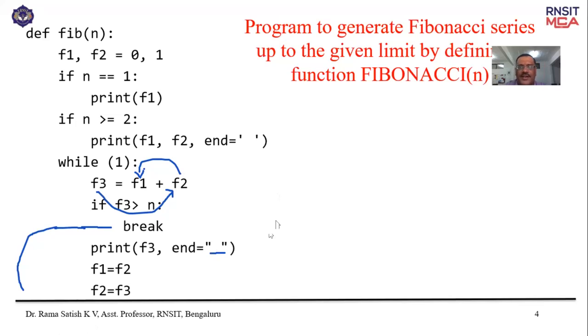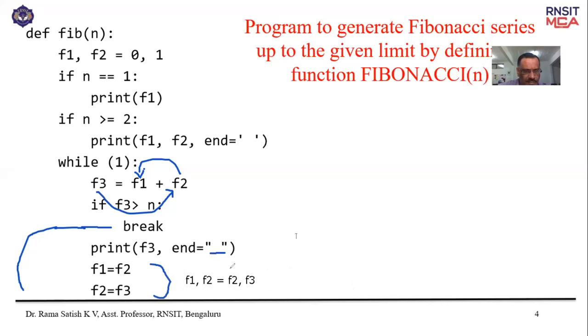This we have written in two different statements. Instead of this, you could have written it in one single statement. How is that possible? F1 comma F2 is equal to F2 comma F3. It is the same as these two statements.